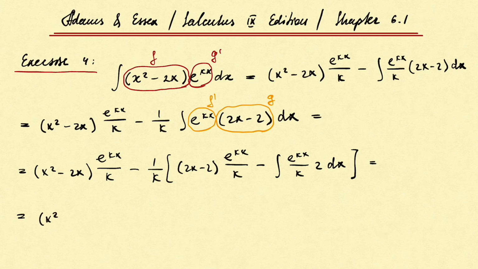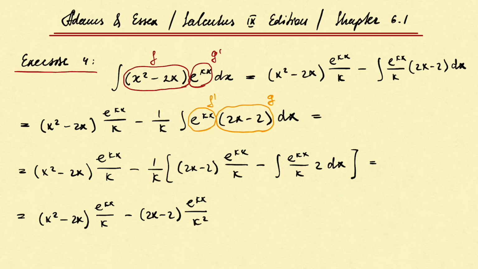We have x squared minus 2x times e to the kx over k minus, so here we have 2x minus 2 times e to the kx over k squared, right?